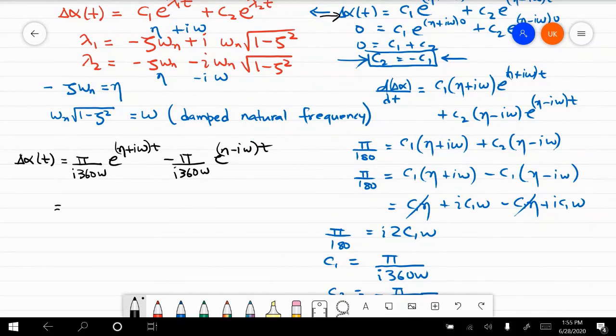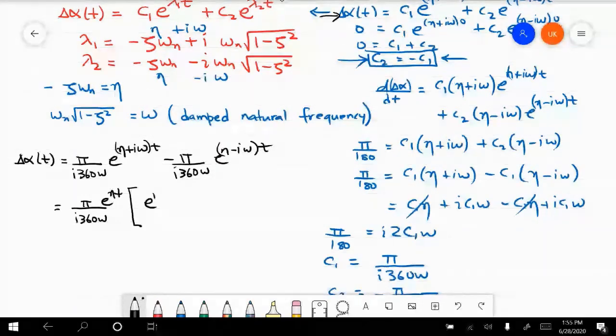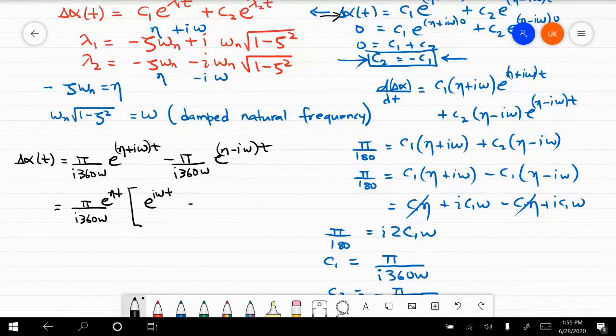Now I can take pi over i 360 omega e^(eta t) as the common factor, and inside the bracket I have e^(i omega t) minus e^(negative i omega t).